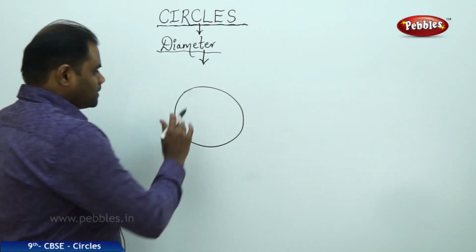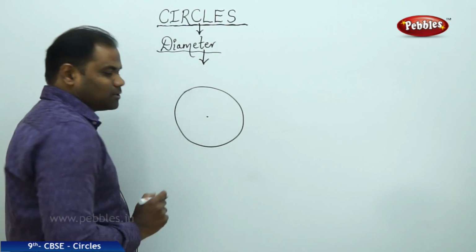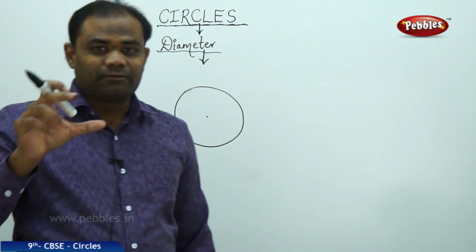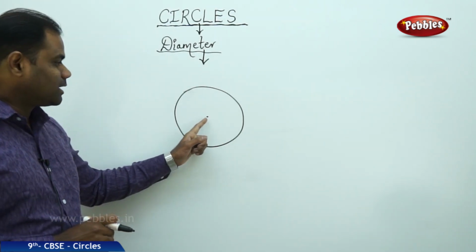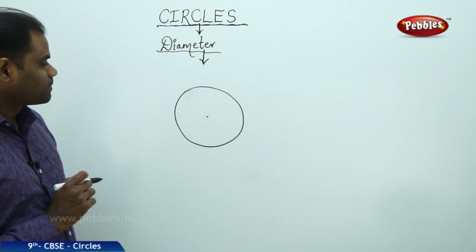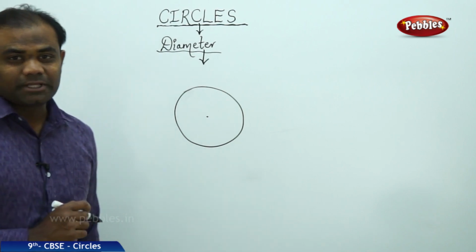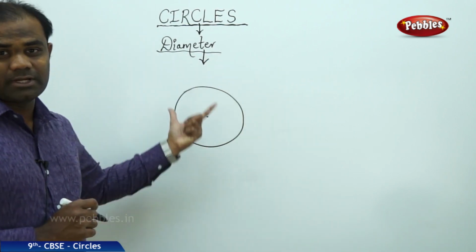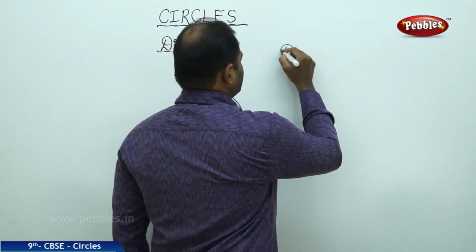Now this circle has the center, as we know that every circle is derived from a fixed point which is the center. Say my center here is this dot. Now here comes the definition of the diameter.